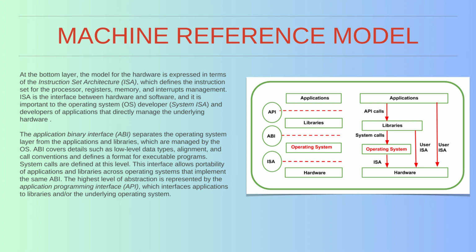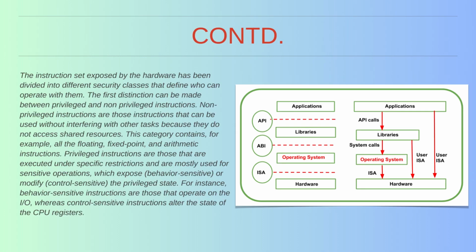The highest level of abstraction is represented by the application programming interface, which interfaces application to libraries and/or the underlying operating system. The instruction set exposed by the hardware has been divided into different security classes that define who can operate with them.